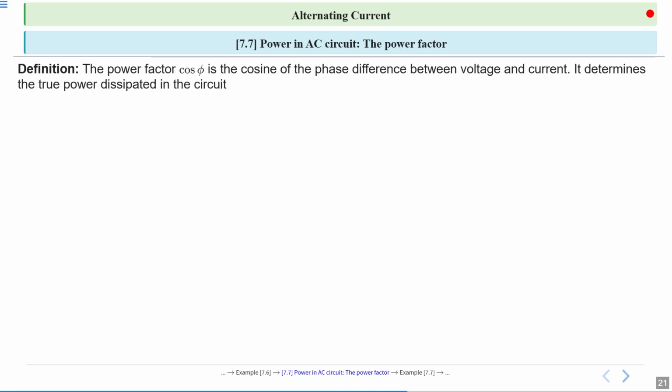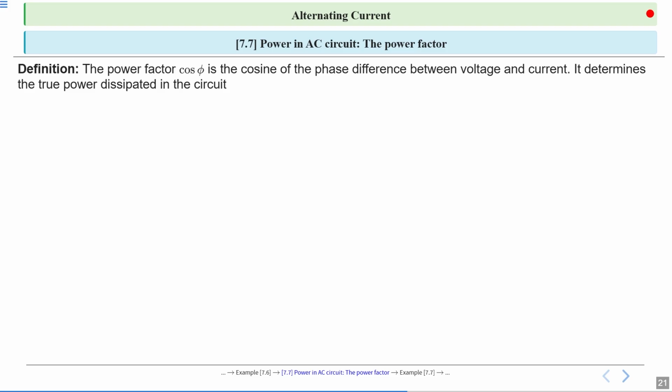So let's see the definition of this power factor cos phi. What is this power factor? It is the cosine of the phase difference between voltage and current, where phi is the phase difference between the voltage and current. What is it determining? It is determining the true power dissipated in the circuit. We know that virtual power is Vrms Irms.